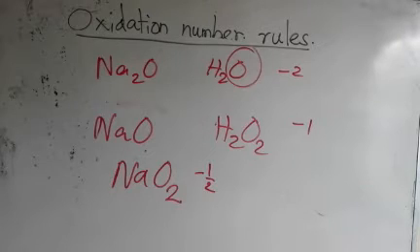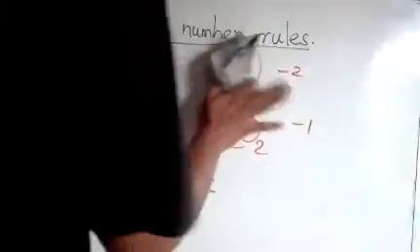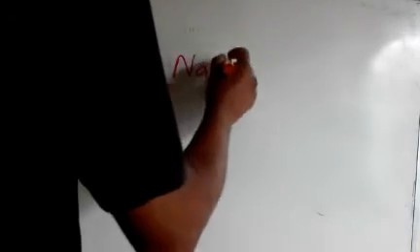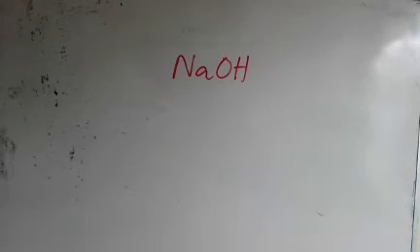Then it says the oxidation number of a monoatomic ion is always its charge. That is correct. And the other important one is, if any compound is taken, as an example, sodium hydroxide, the sum of the oxidation numbers of this compound is 0.